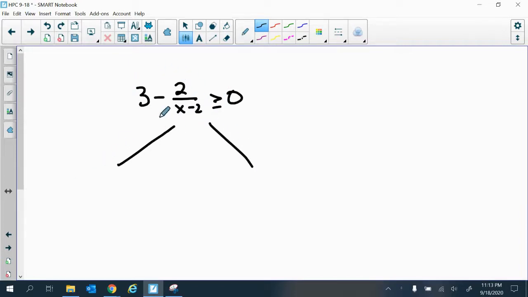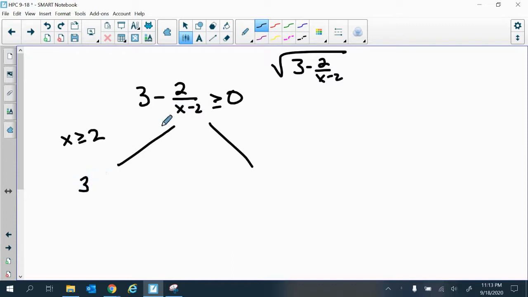So this represents the number that's underneath the square root. And what we want to do is, I'm going to break it into two cases. The one where x is greater than or equal to 2. The reason why I'm going to break this into two cases is because when I cross multiply, I may or may not have to flip the sign depending on whether what I'm multiplying by is positive or negative.